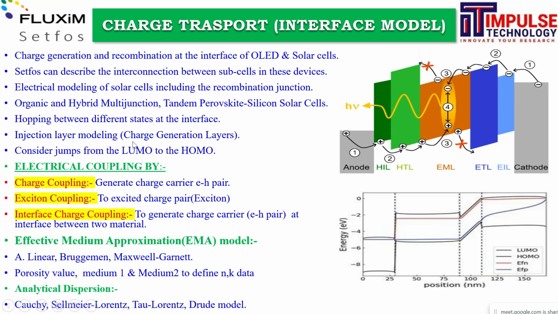For HOMO-LUMO you can consider electrical coupling, like charge coupling that can generate the electron-hole pair, exciton coupling that can excite the charge pair, and interface charge coupling to generate the electron-hole pair at the interface between two materials. So this is a coupling which you can do by different coupling parameters.